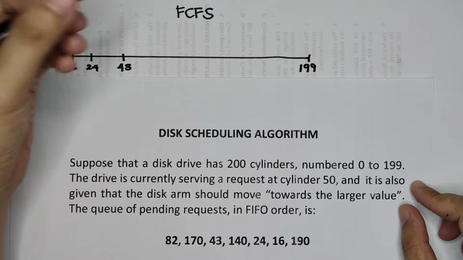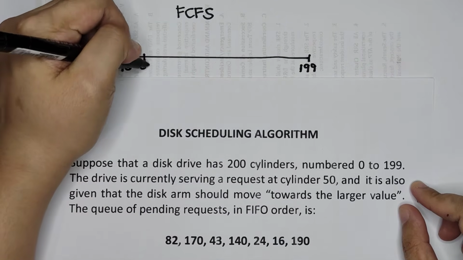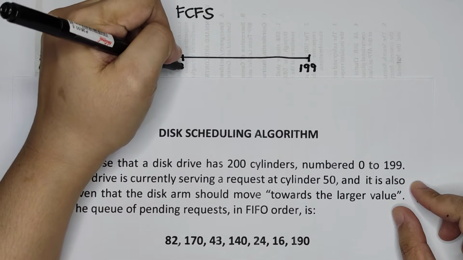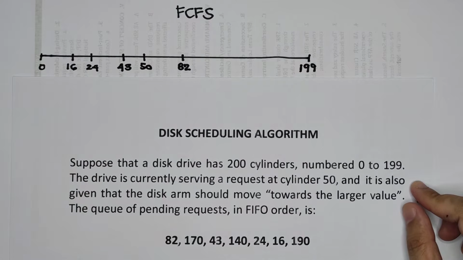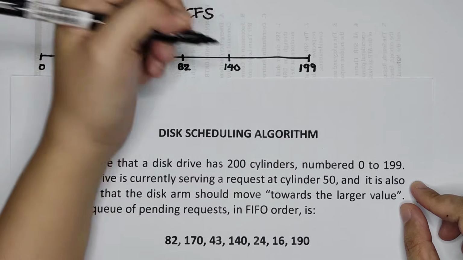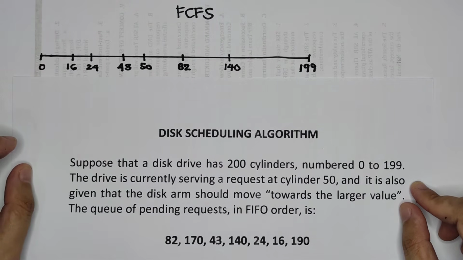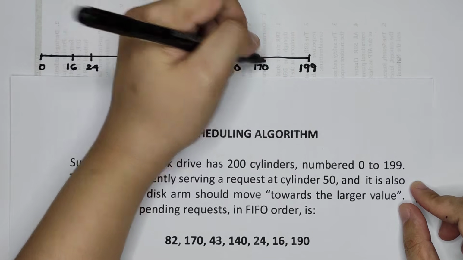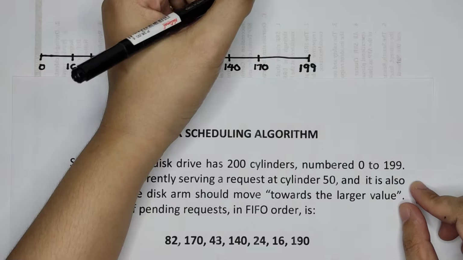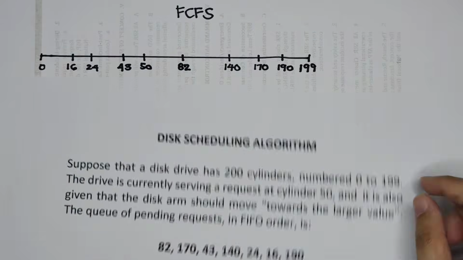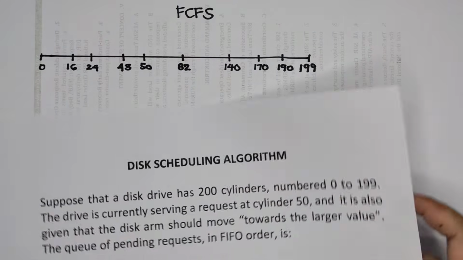And then, as I've said, let's include 50. Next to 50 we have 82. Then next to 82 we have 140, and next to 140 we have 170. And then next we have 190. So we already have a number line.